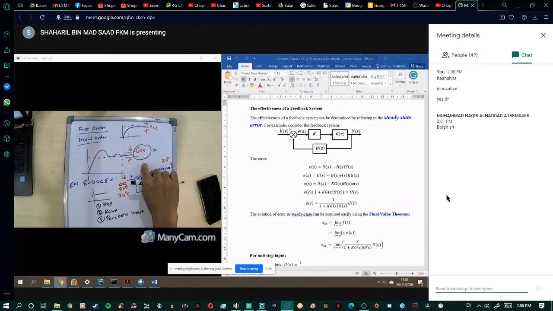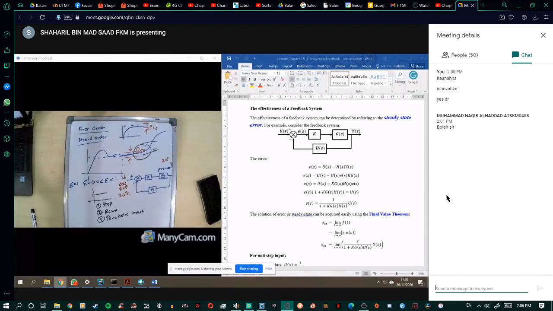Later on we will look at the stability of our system. When you look at the graph, your system may look stable, it looks like it can achieve the value. Or maybe later on your system will go like this, and it is not stable anymore.